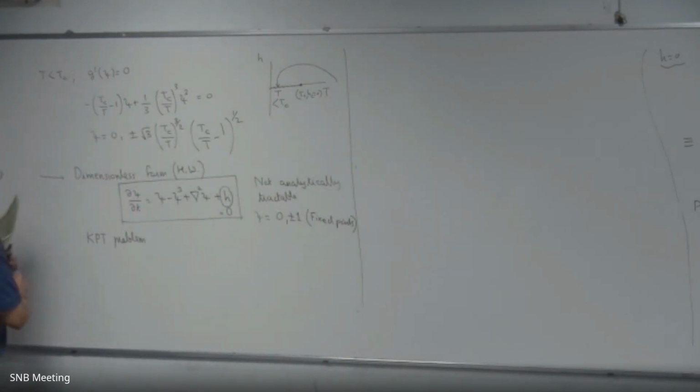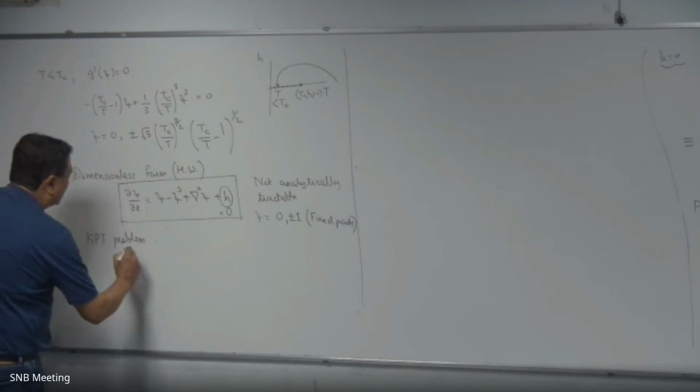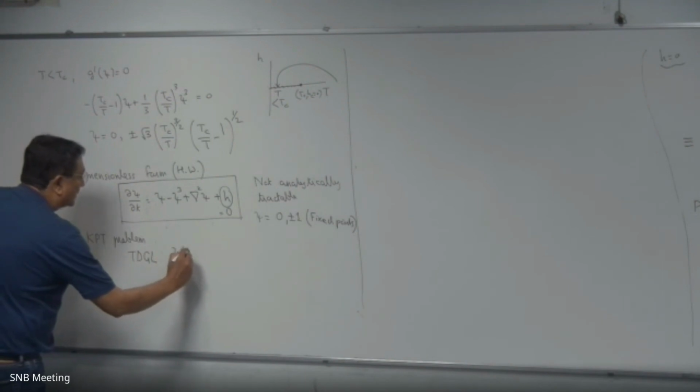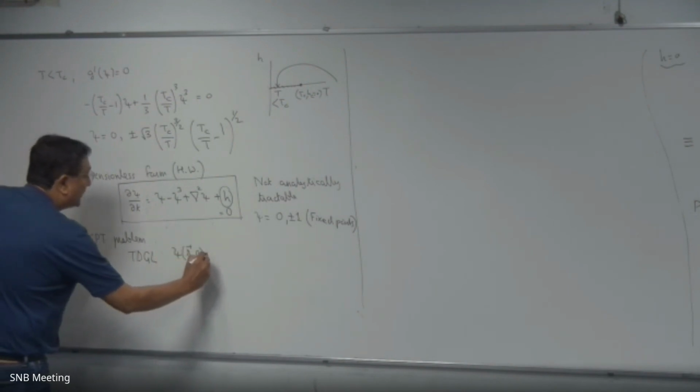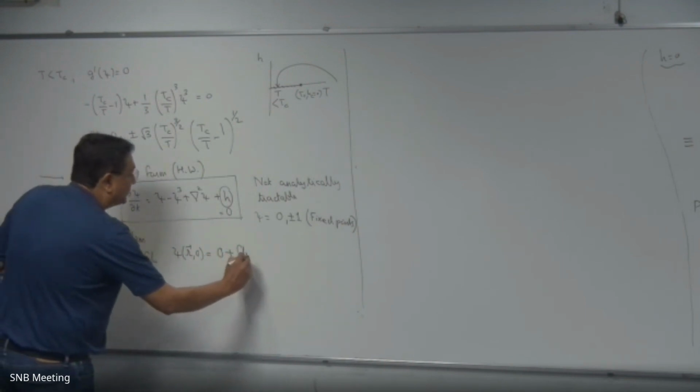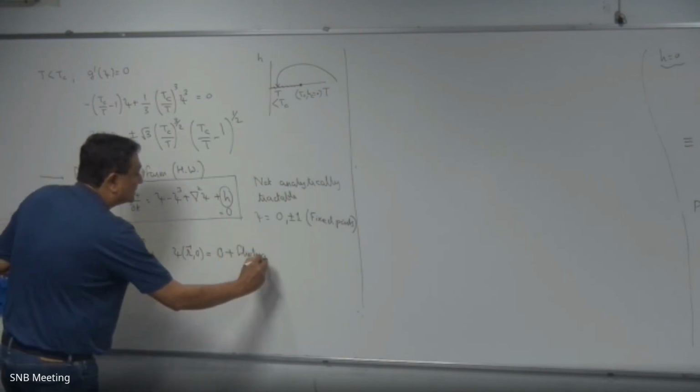So if I want to describe it in the TDGL framework, psi of r, 0 is equal to 0 plus small amplitude thermal fluctuations.